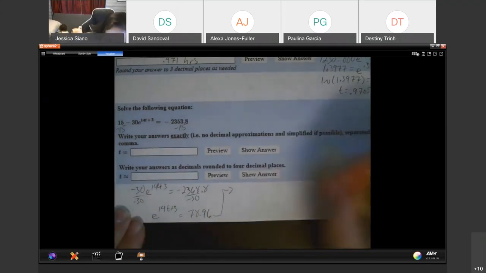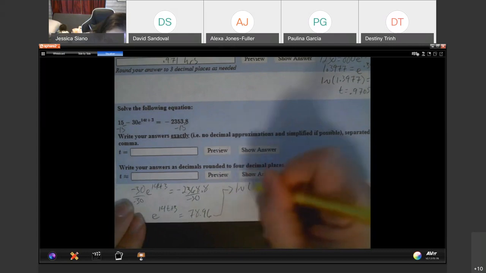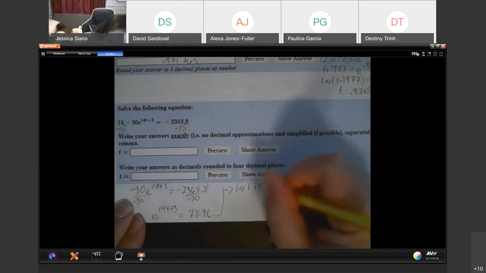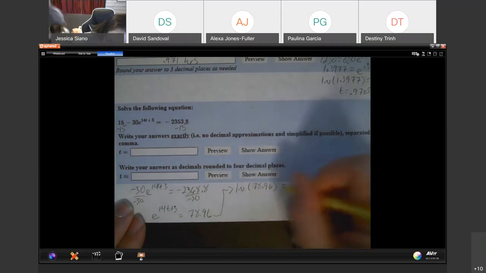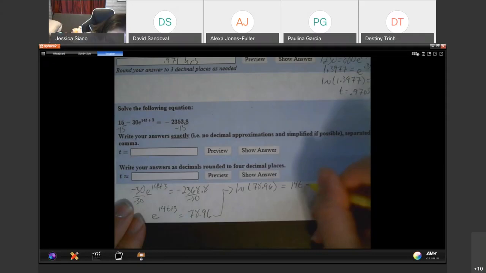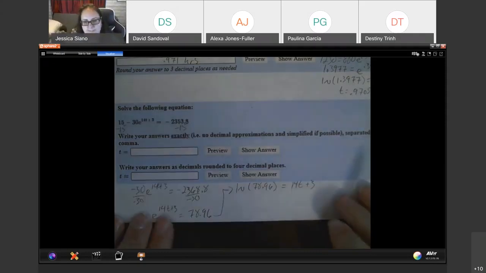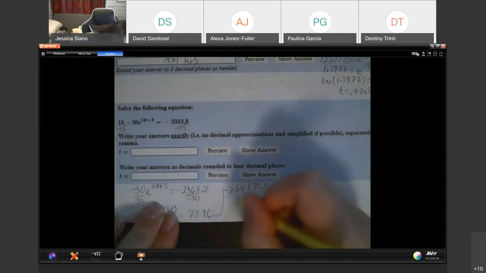So then this would become the ln of 78.96 equals 14t plus 3. And then we would subtract the 3.